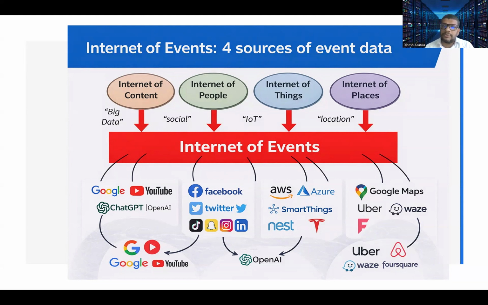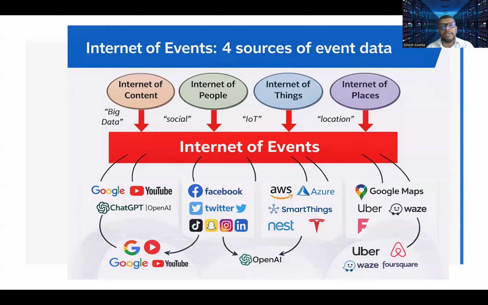We can categorize this data into four types, which is called the Internet of Events. With the internet, we have a large volume of data. That's why we call them the Internet of Events. We can divide these into four categories: Internet of Content, Internet of People, Internet of Things, and Internet of Places.